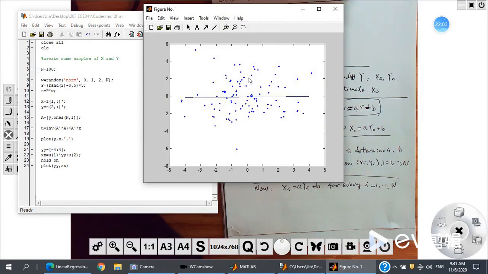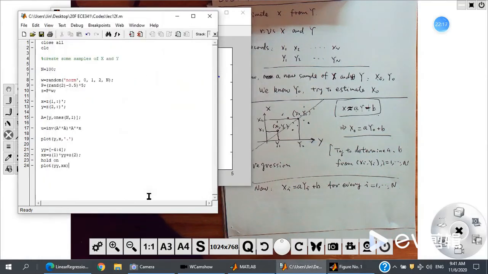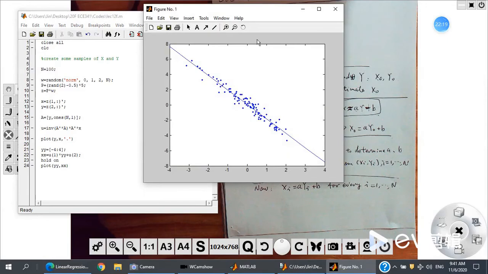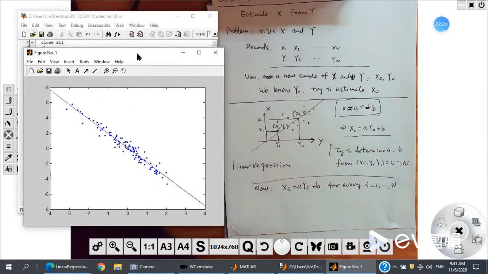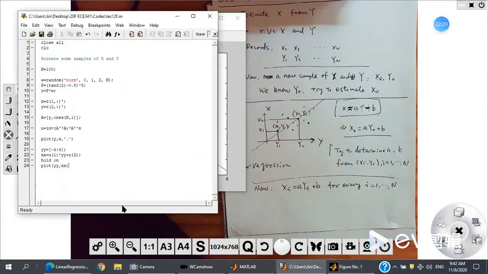Those dots are the samples x and y, and this straight line is just ay plus b. It depends. Every time I run it, I get a different thing, right? Yeah, depending on the data, every time I run it.